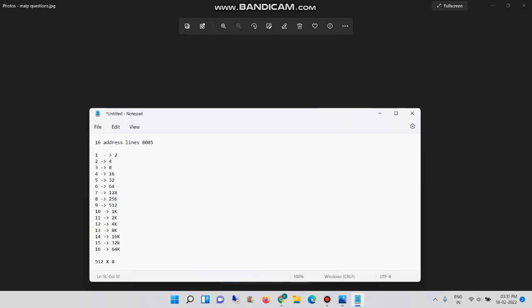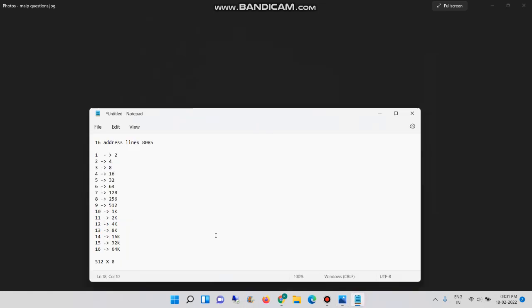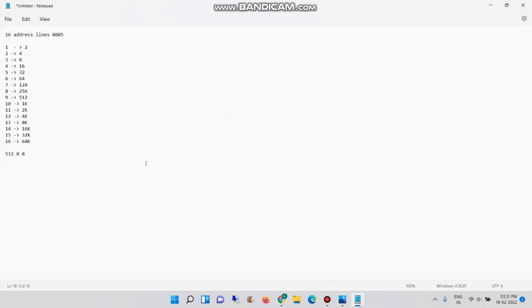Now, the question can ask for a 512 RAM memory chip to be connected to the 8085 microprocessor, and we have to draw the diagram for this. 512 means 9 address lines. Let us start from 0000, 0000, 0000.